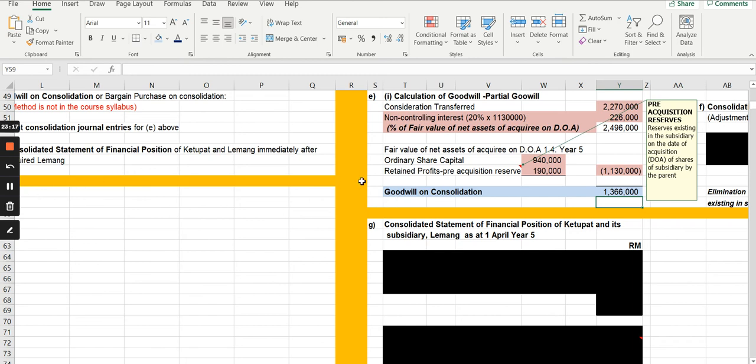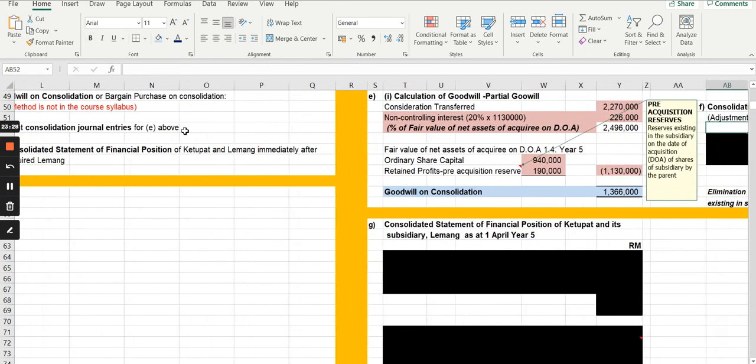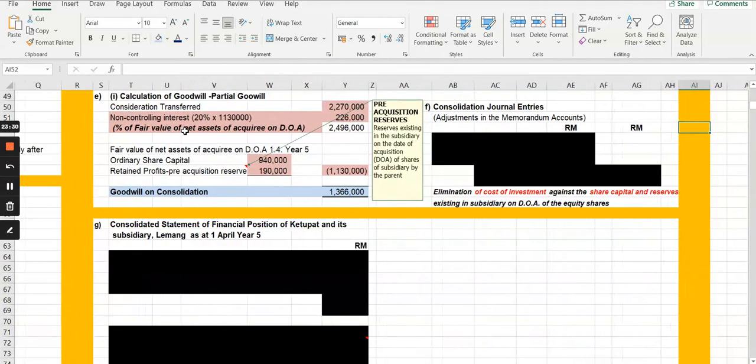The next step is to do the consolidation journal entries for E as per the requirement here. Show the relevant journal entry. So we are doing F now. I'm putting it side by side. What you will do is eliminate or cancel off the cost of investment against the share capital and reserve existing in the subsidiary company.